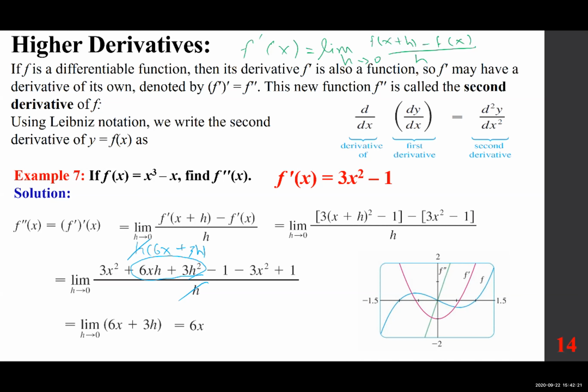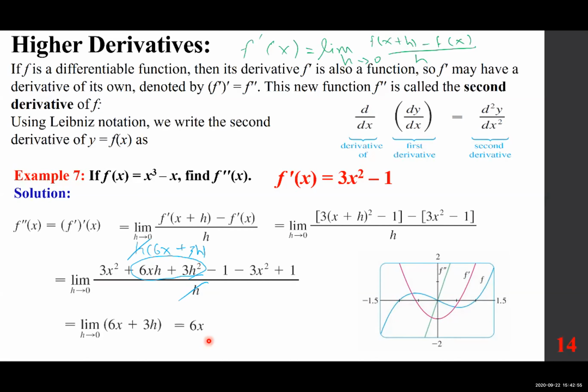So this is f of x, this is f prime of x, and this is f double prime, and f double prime is in green, of course. So I hope everybody is comfortable with that. So we have nothing to worry about.